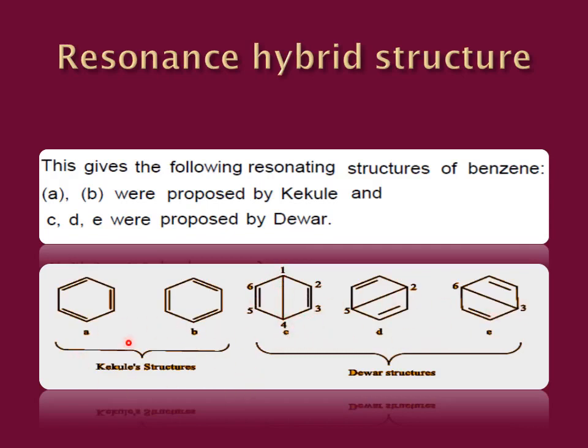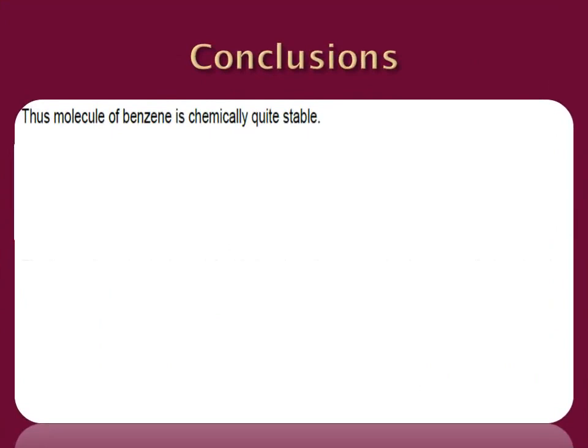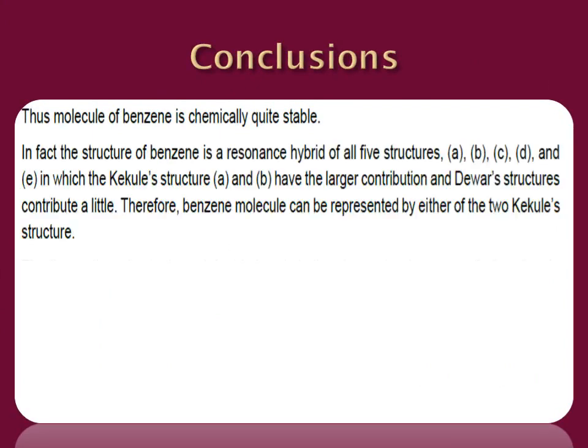Now students, let us try to find out the conclusions on the basis of the discussion. The molecule of benzene is quite stable due to the resonance structures. In fact, benzene is a resonance hybrid of all the 5 structures A, B, C, D and E, in which the Kekulé structures A and B are the larger contributors as compared to the Dewar structures. Therefore, the benzene molecule can be represented by the 2 Kekulé structures.